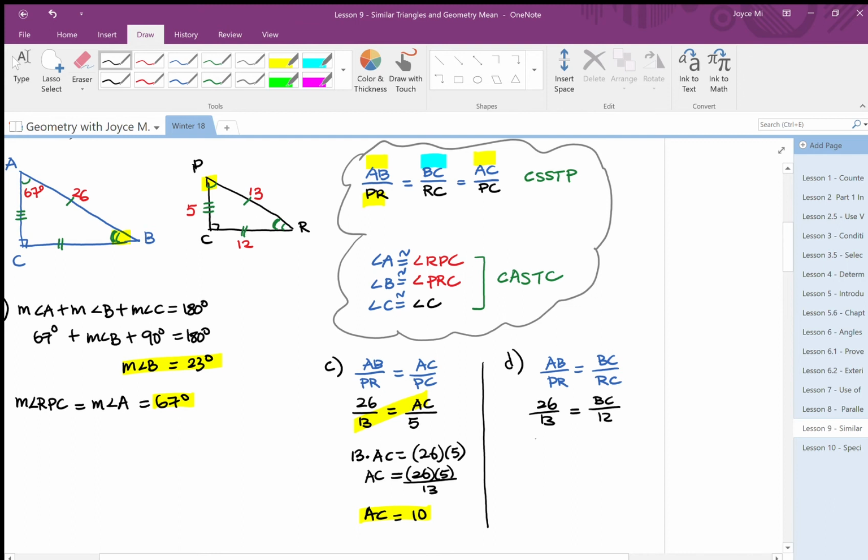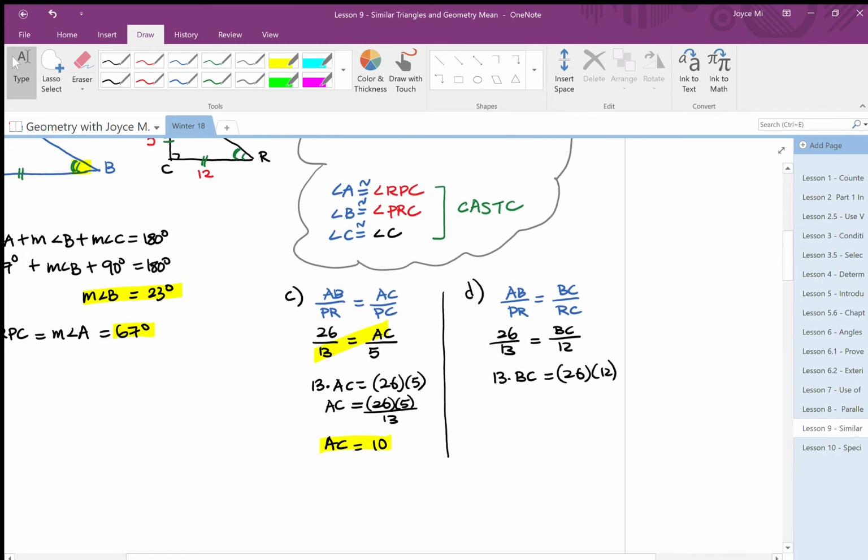So 13 times BC is equal to 26 times 12. Divide both sides by 13. So BC is equal to 26 times 12 divided by 13. So BC should be 24. You could pause. And I found BC.